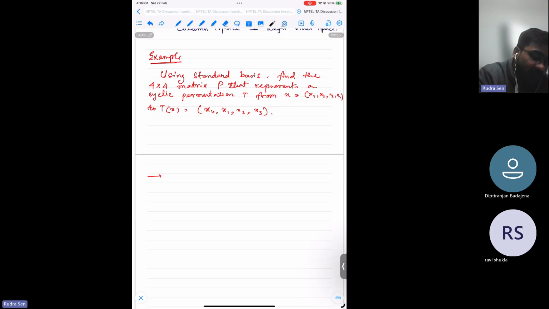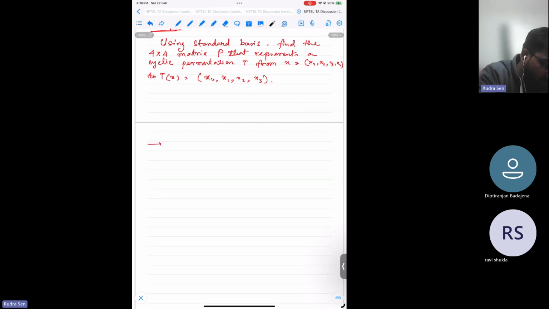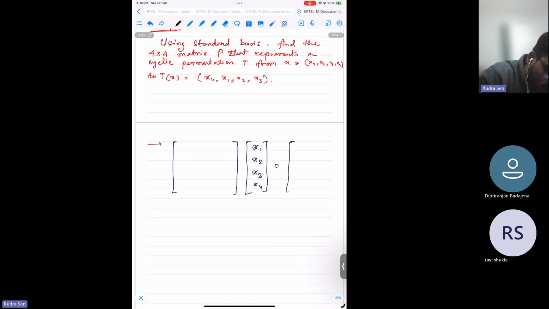The first element should go to the second, the second to the third, the third to the fourth, and the fourth goes back to the first position. So a cyclic permutation should happen. I have to find a matrix P which takes this vector and generates this vector, right?